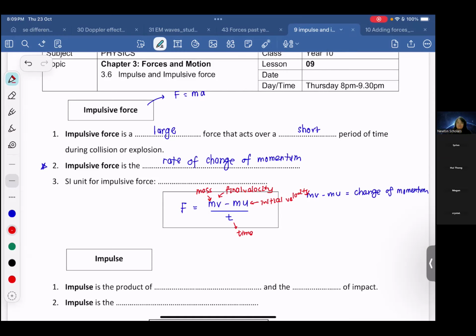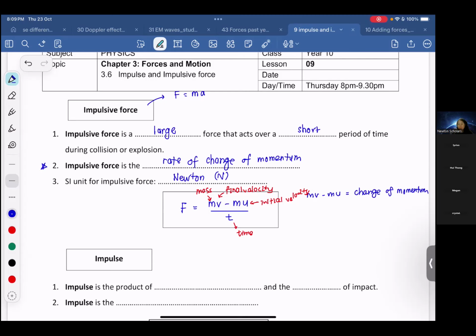I ask you another question: what is the unit for force? So what is the unit for impulsive force? Yes, correct, Newton. Newton is the unit for force. Impulsive force is also a force, one type of force. So it's Newton, N.